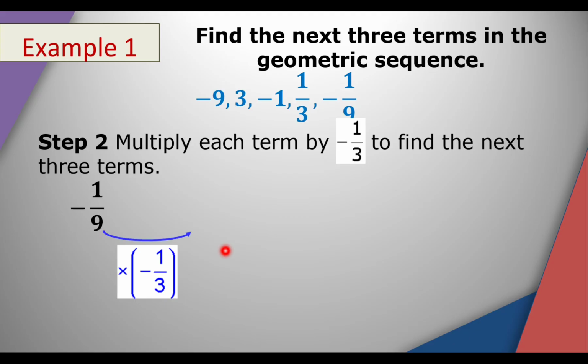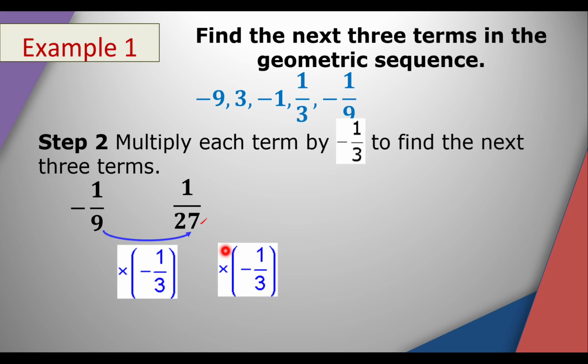And then numerator times numerator divided by denominator times denominator. 1 times 1, we get 1. And 9 times 3, we get 27. That is the next term. To get the next term after 1/27th, we again multiply 1/27th by negative 1/3.